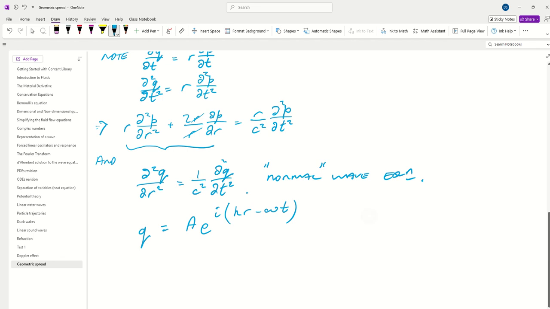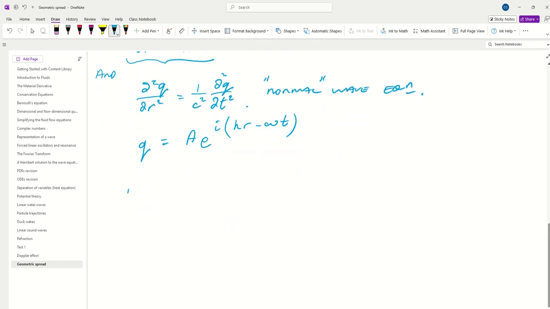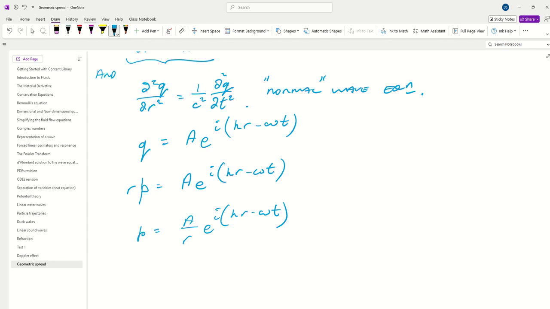But we don't want this weird variable q, we want pressure. So we rewrite. And we find that our solutions look like this. Our pressure is some wave that decays with radius. Right, so this is for some fixed time.